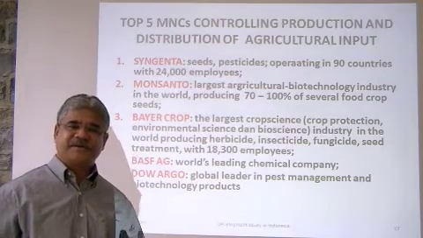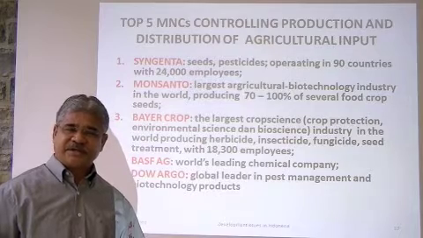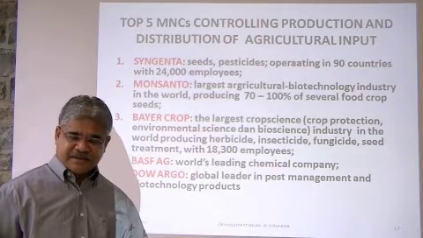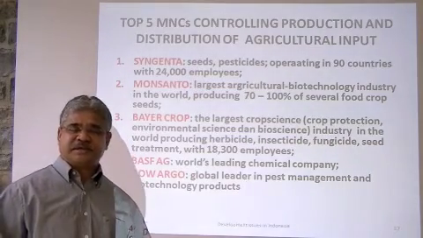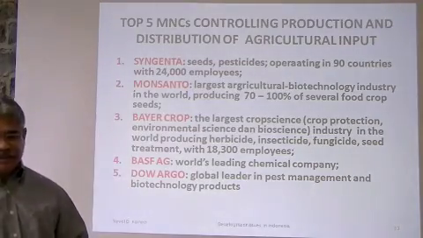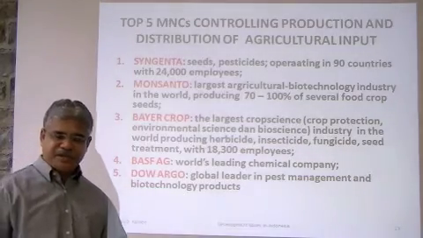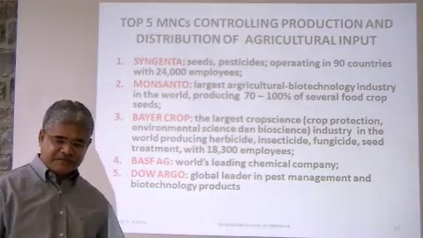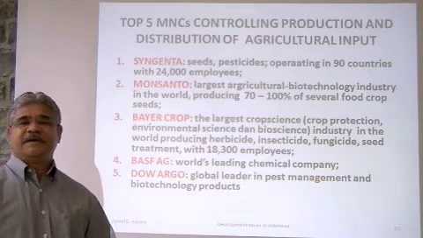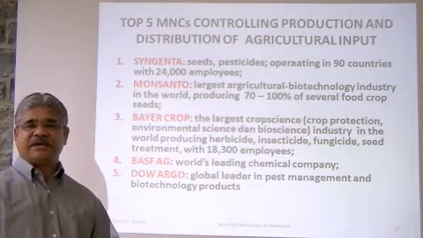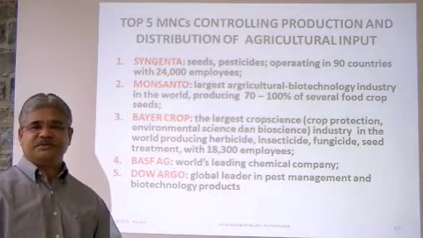In Indonesia, almost 50% of the people work in agricultural sectors, but the majority of agricultural inputs are controlled by multinational corporations: Syngenta, Monsanto, Bayer Crop, BASF, AG, Dow, Agro. All these giant corporations control and monopolize production and distribution of agricultural inputs.